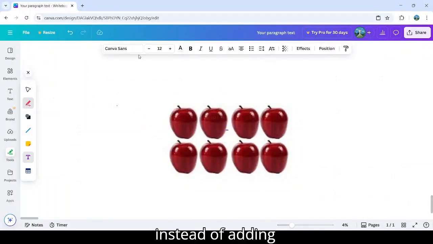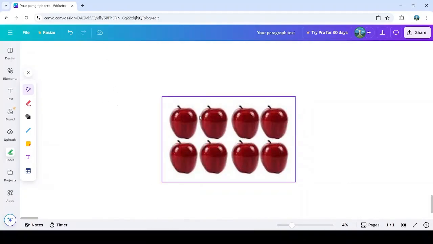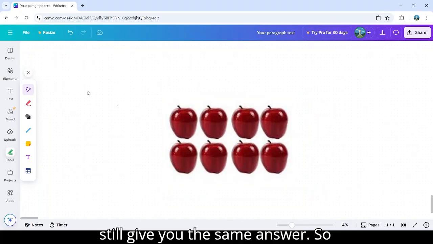Now, instead of adding 2 plus 2 plus 2 plus 2, we'll simply multiply 2 by 4 or 4 by 2. It's still the same answer.